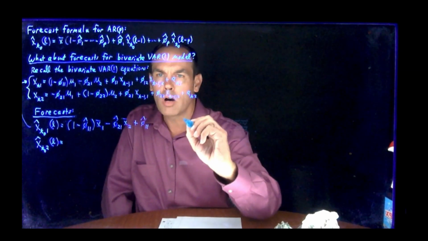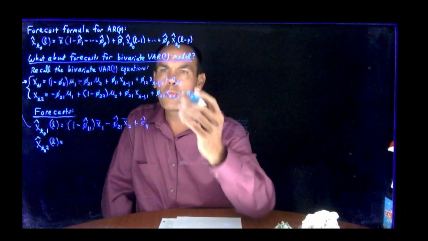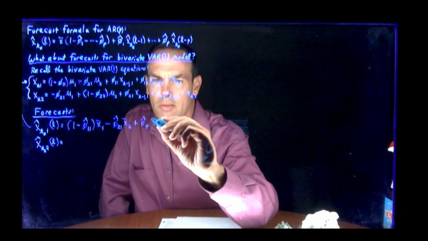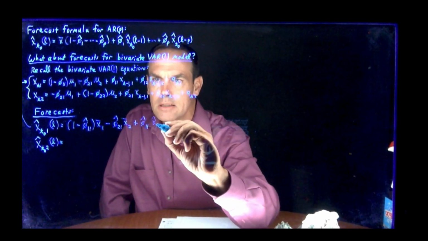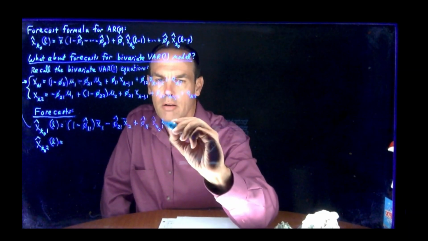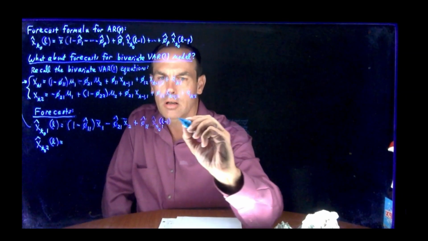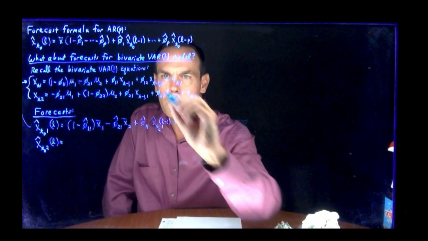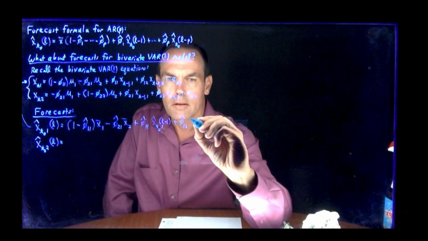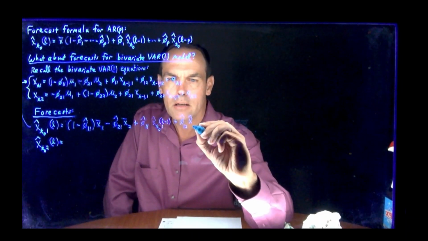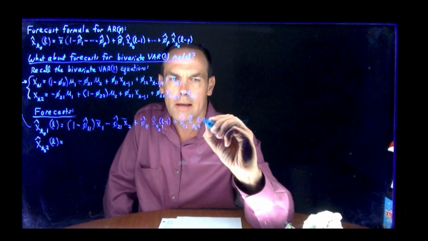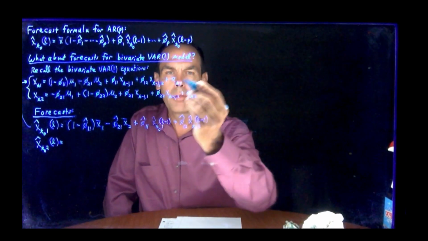X t minus 1 comma 1, remember we're talking about variable 1, and we're looking at 1 lag before, so that will be given by the forecast x hat of t naught 1, because we're talking about variable 1, of L minus 1. Go to the next term, phi hat 1,2 times x hat t naught 2 of L minus 1 plus A t1.